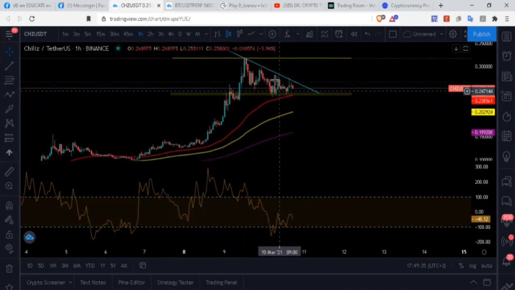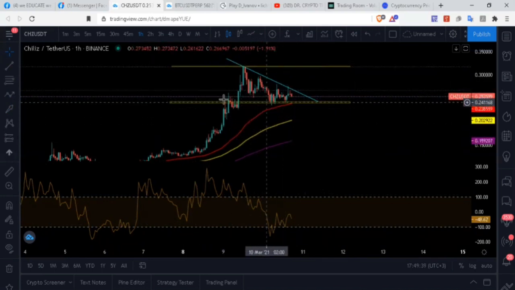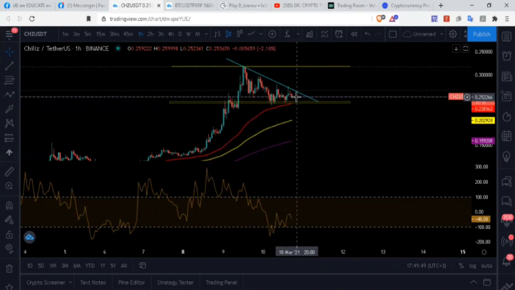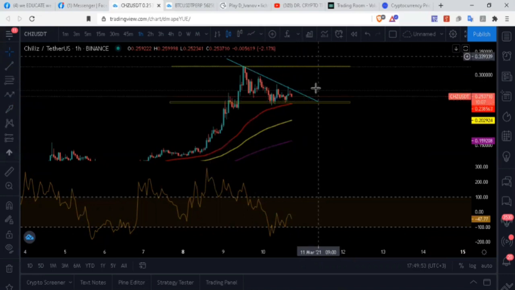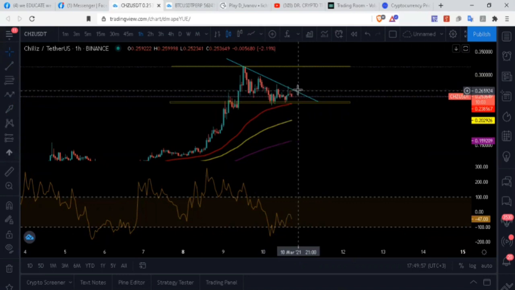So again, I will repeat, for this particular structure, we will wait for the price to go to this area and the 50 EMA to bounce. If the price respects this area and prints a bullish candle, that's a sign that we have to enter the trade. Or else, like what I said, we will wait for the breakout.